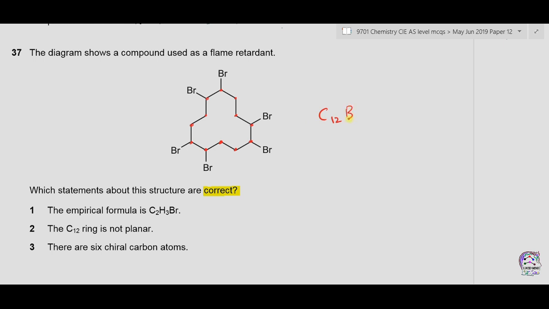6 bromine atoms, and the rest are hydrogen atoms, as each carbon is making single covalent bonds. So one hydrogen with this one, 2 with this, 2 with this, 1 with this, 2 with this one.